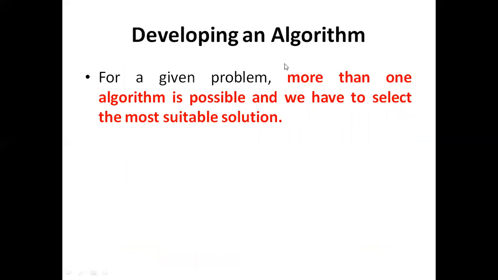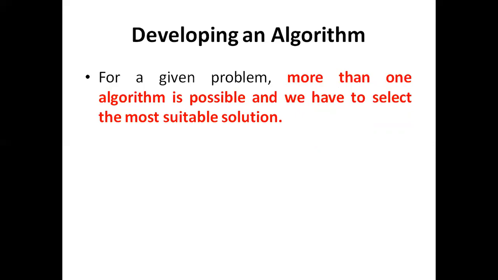And here algorithm means, for a given problem more than one algorithm is possible. Suppose anybody is given a task such as sorting, and inside sorting we have different types of mechanisms.